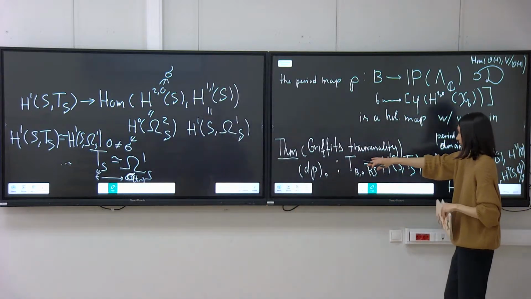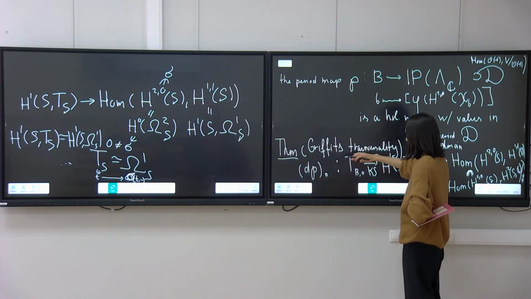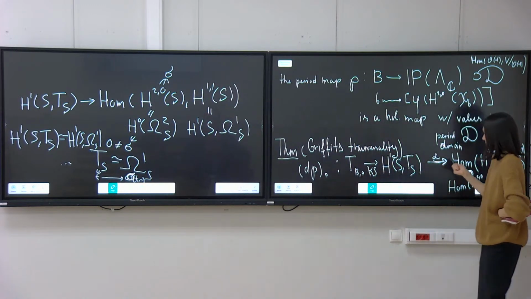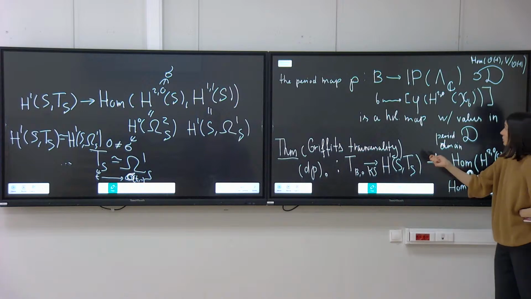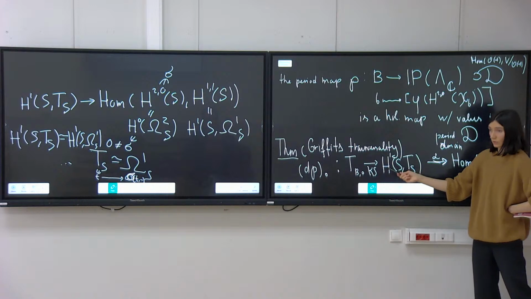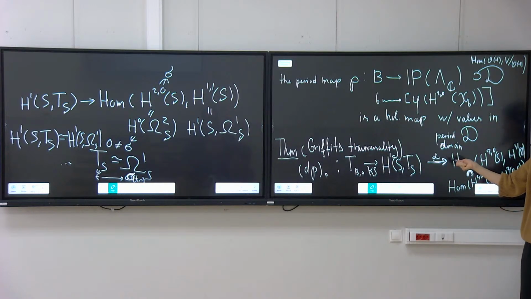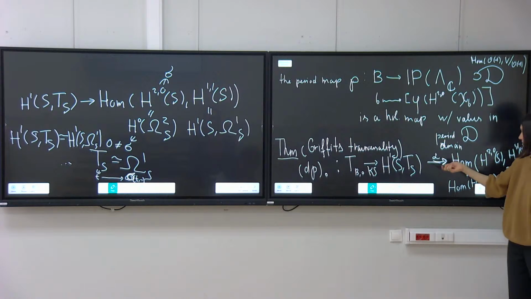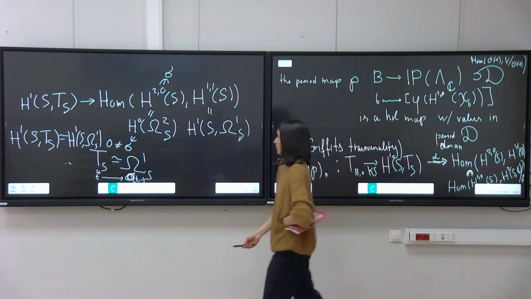And not very simple, and in fact very difficult, Griffith's transversality tells you that your differential of the period map is this composition: Kodaira-Spencer, then this easy map alpha, and then we embed it into this homomorphism. This is in fact a much more general statement, but for K3 surfaces it's very easy to formulate, just because here is something one-dimensional, and this is something very easy.